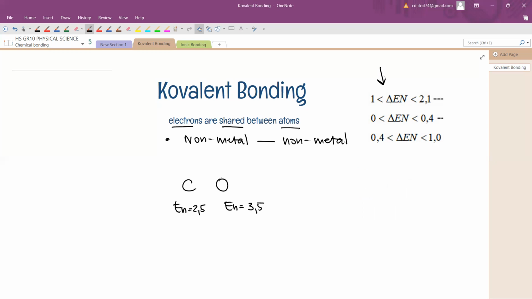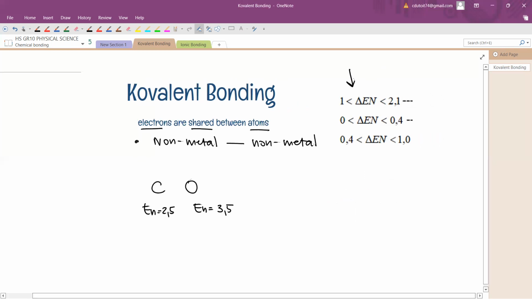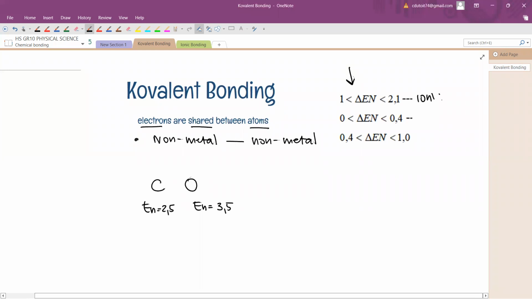If the difference in electronegativity, that delta means difference, is bigger than 1 and smaller than 2.1, then that is ionic. If it's between 0 and 0.4, it's covalent or non-polar covalent. And if it's between 0.4 and 1, it's polar covalent.